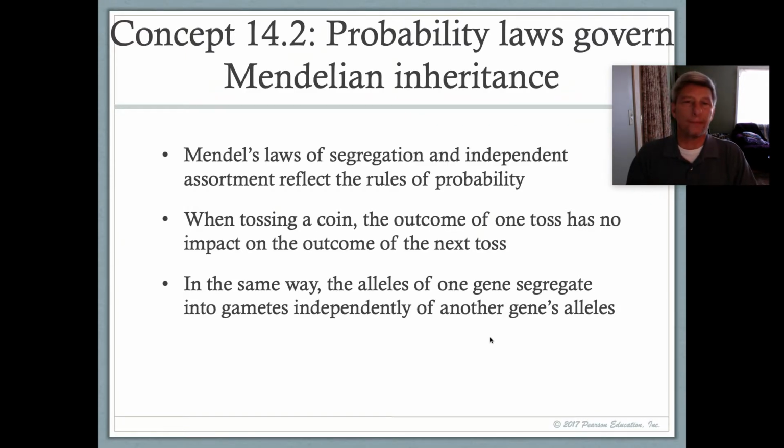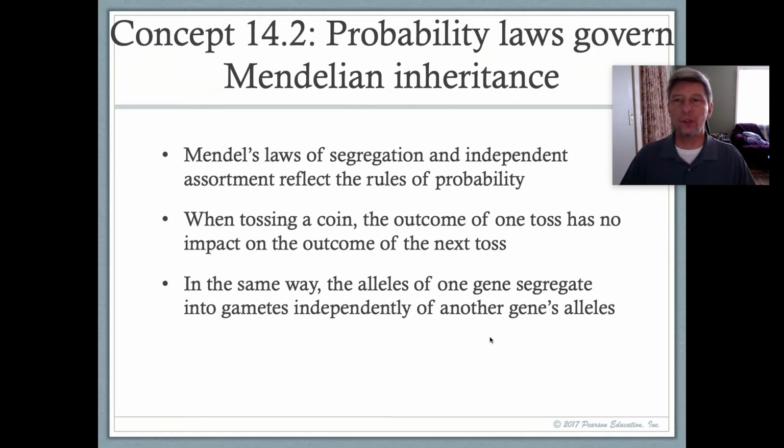So, just a couple of notes. First, Mendel's laws that we talked about in the previous lesson, segregation and independent assortment, reflect the rules of probability. You got a 50-50 shot of getting this allele and a 50-50 shot of getting the other allele if you are heterozygous, and so on.